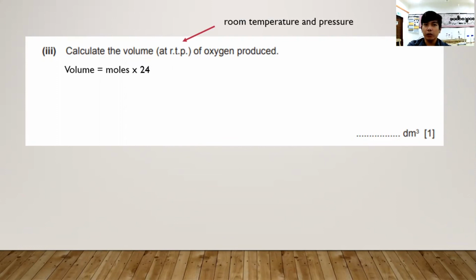So we know that volume is equal to moles times 24. So volume is equal to 0.001 mole times 24. When you multiply that, you'll get 0.024 dm cubed of oxygen. So in this experiment, we have created 0.024 dm cubed of oxygen.